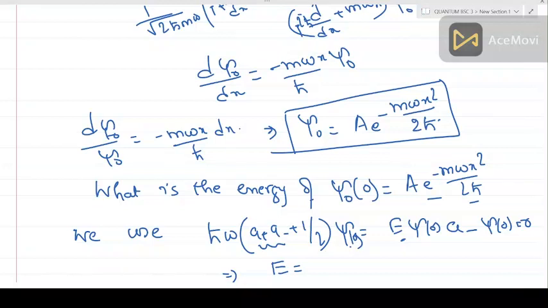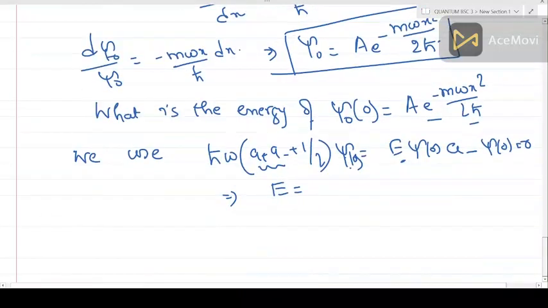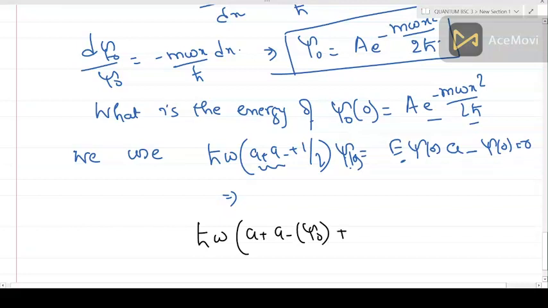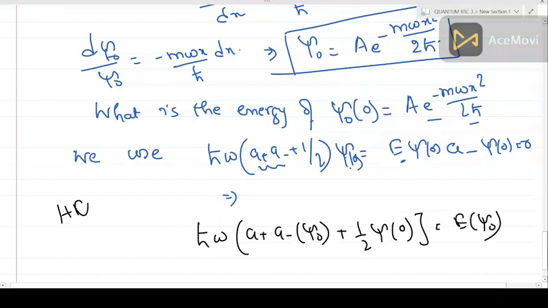So you have to make use of this, and what you find, that the energy of this oscillator, let me describe this, otherwise I don't think it will be clear to you. So what you are doing here, just see carefully: h bar omega (a plus operator a minus psi naught plus 1 by 2 psi naught) is equal to E psi naught.